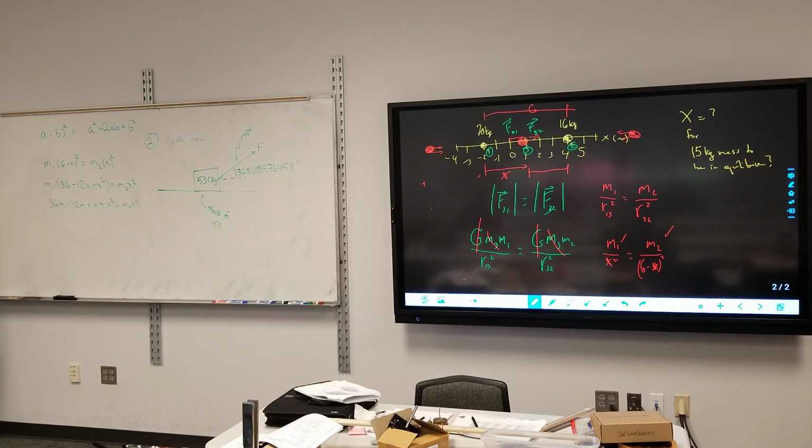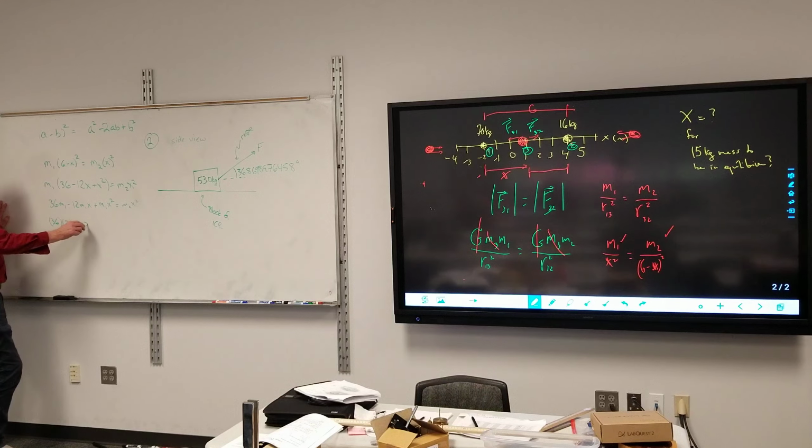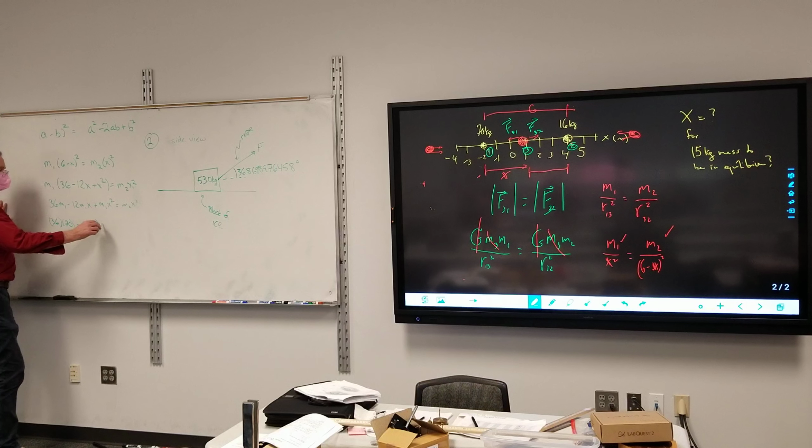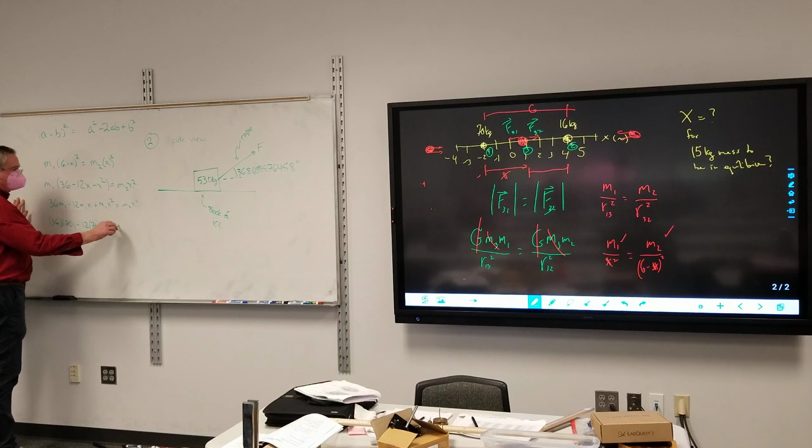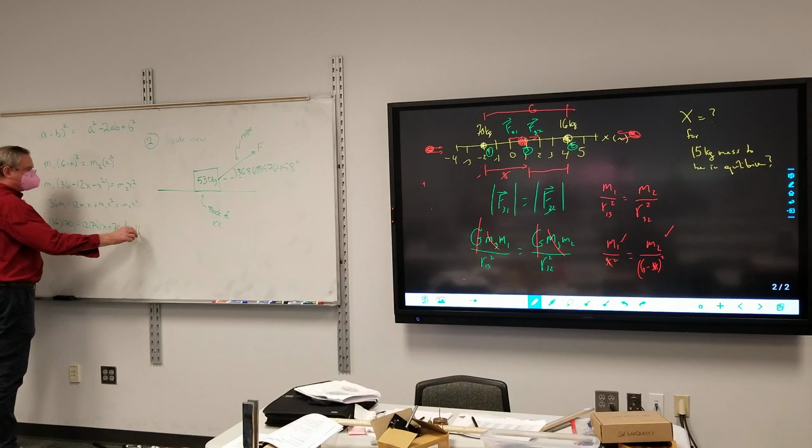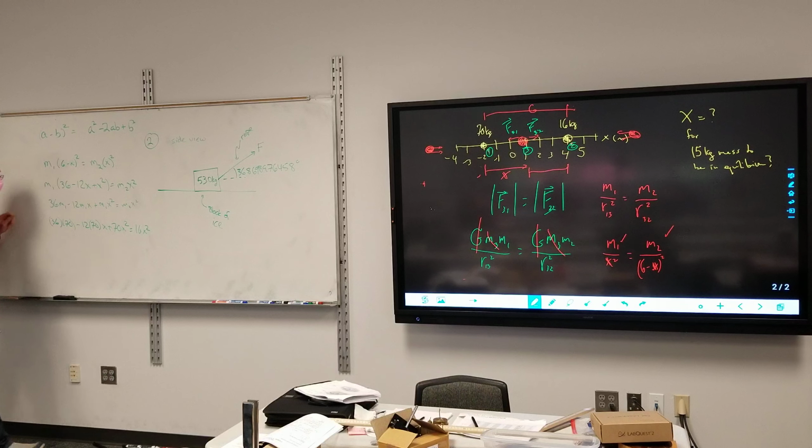At this point, I'm going to stick the numbers in. So M1 was 70. Minus 12 times 70 x plus 70 x squared is equal to 16 x squared.